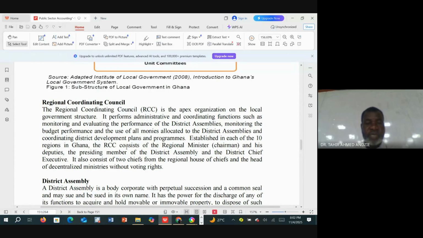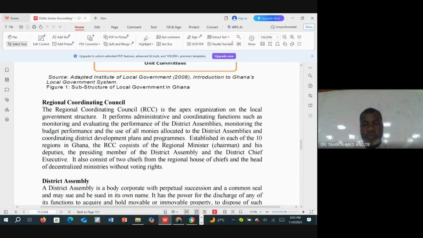The Regional Coordinating Council consists of the regional minister, who is the chairman, and his deputies, then the presiding members of the district assemblies, and then district chief executives, right? It also consists of 2 chiefs from the regional house of chiefs and the heads of the decentralized ministries, without voting right.